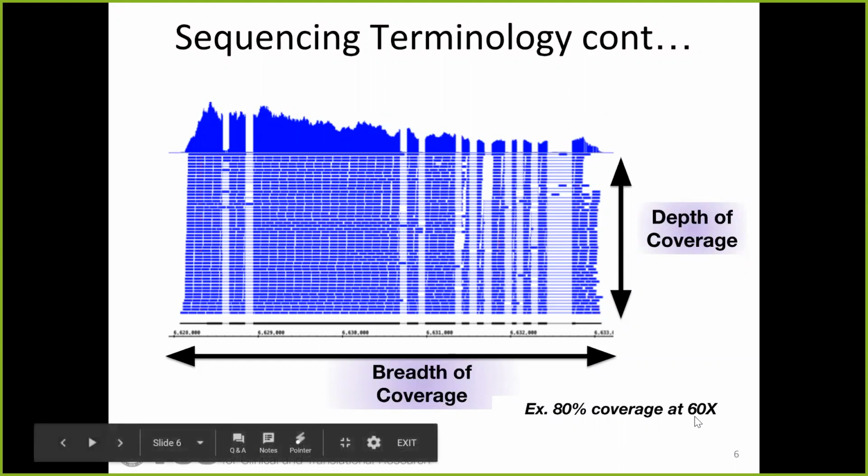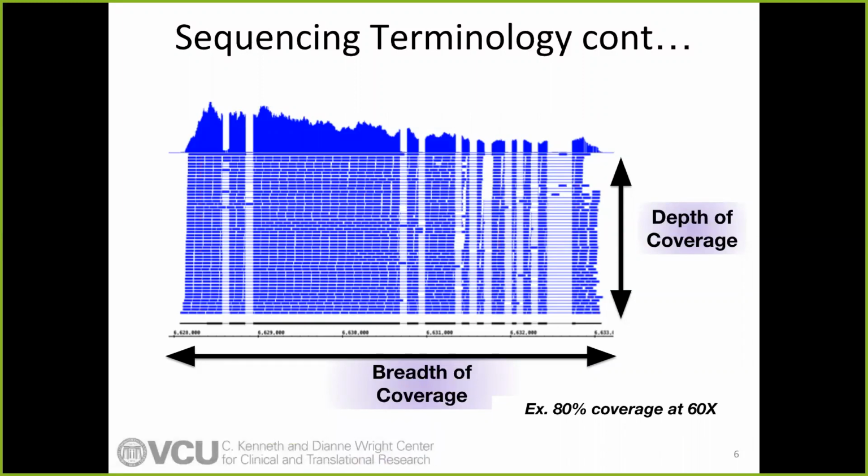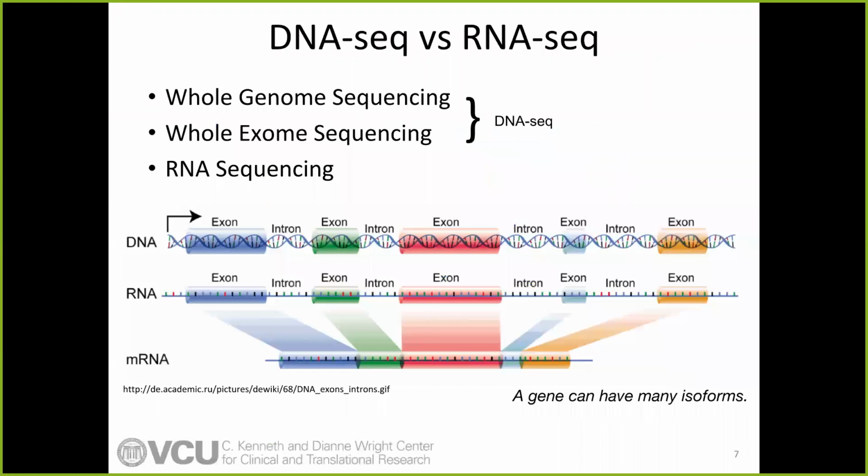And sometimes this number can be the mean or the maximum or the minimum. So you sometimes need to pay attention to that because it is like maximum 60 reads. Then there may be a minimum of 1, which could be problematic for some applications.